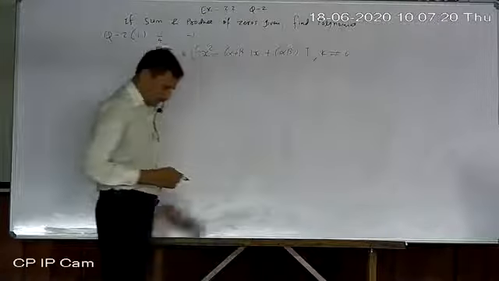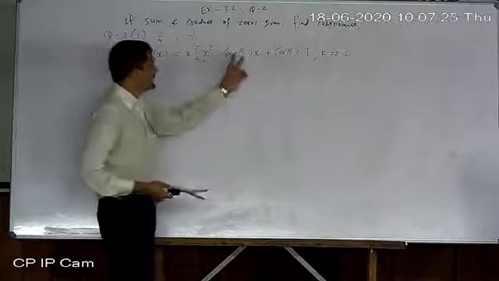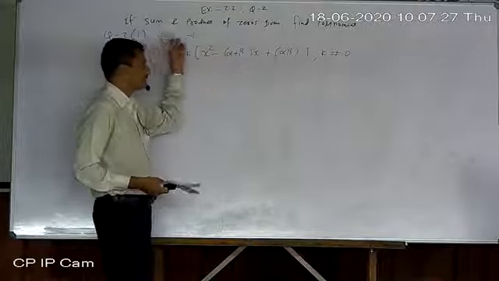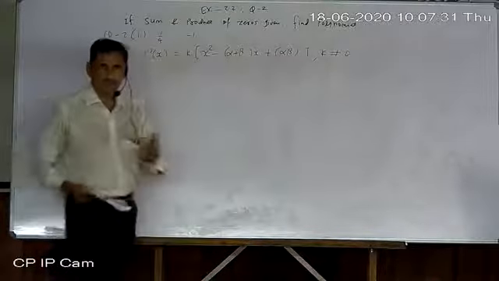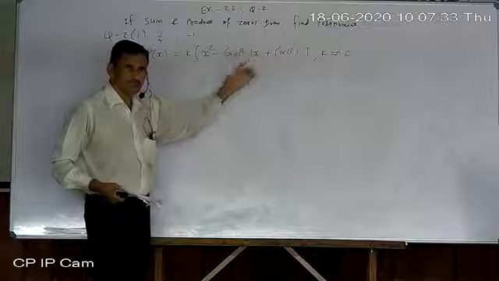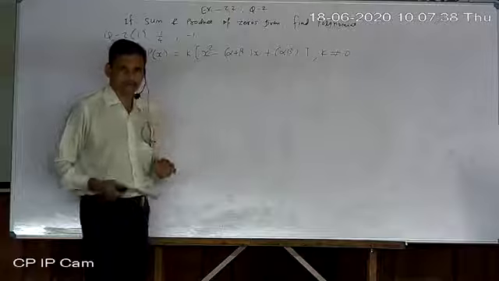What is the meaning of this? Alpha plus beta means sum of zeros, alpha beta means product of zeros. You just place your values. If there is a fraction, then just take the LCM.